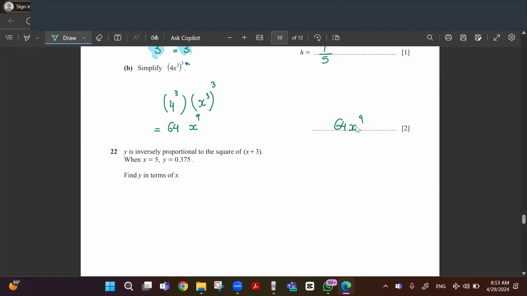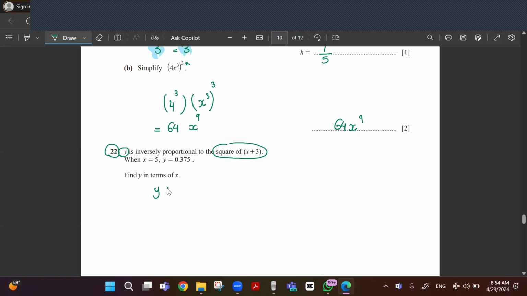Then, who wanted to revise the proportional? Here, 22. Y is inversely proportional to the square of x plus 3. Okay? Now, here, y and the square of x plus 3 inversely.